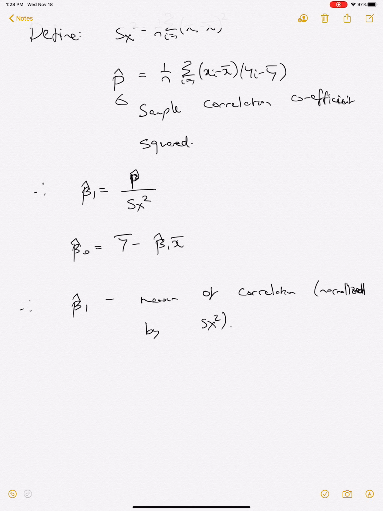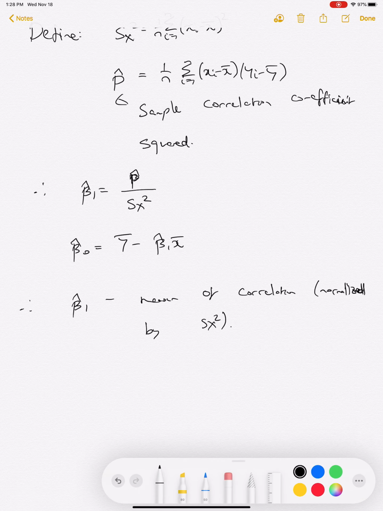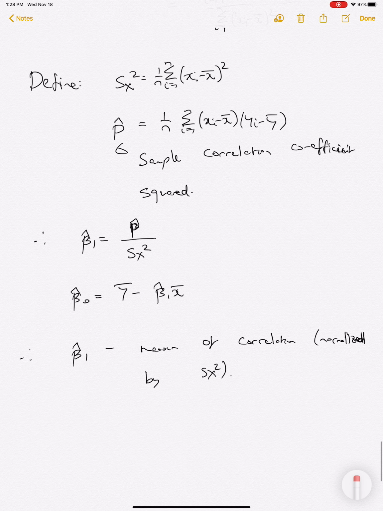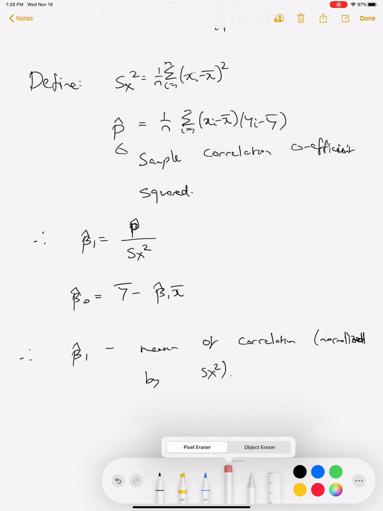So, no, that's actually incorrect too. Let me just be a little bit clearer here. So this is what the actual sample correlation should be. I'm sorry about this.